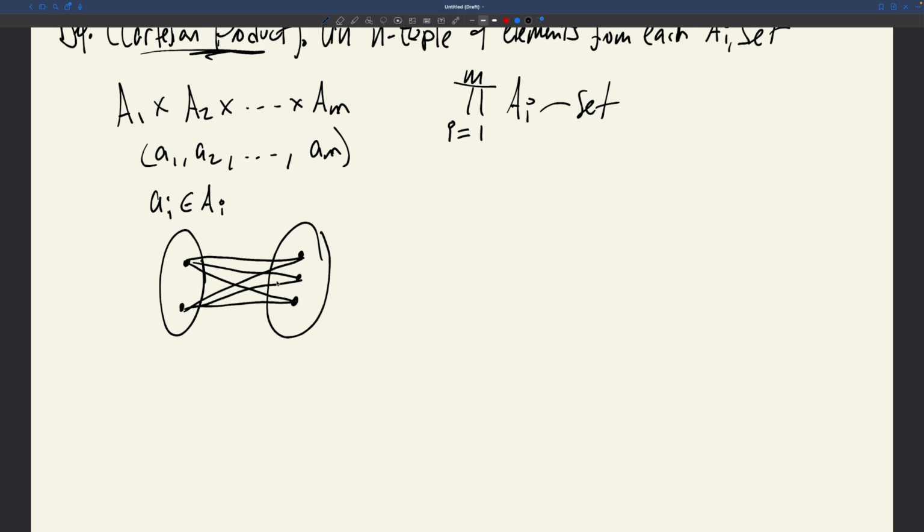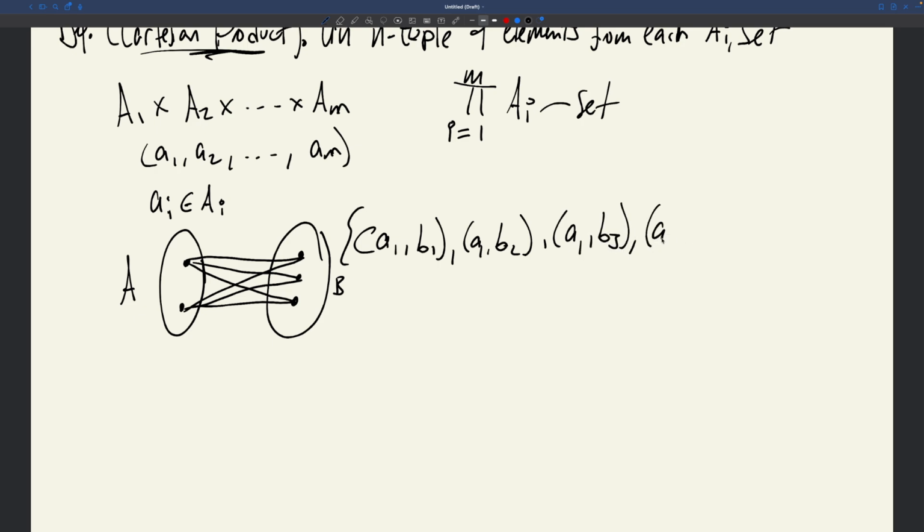It causes this pattern, which creates a mess, but we could formally think of this as the A set and the B set, with elements A1, B1, A1, B2, A1, B3, and then we go on to the next one, and finish off with A2, B3.